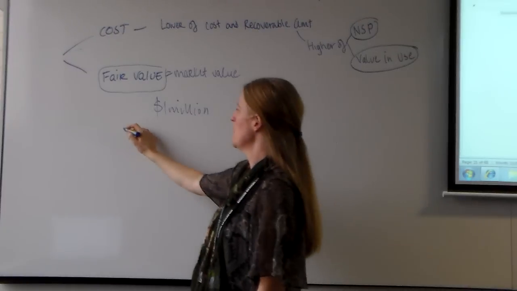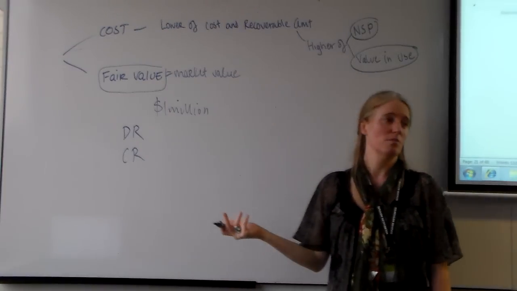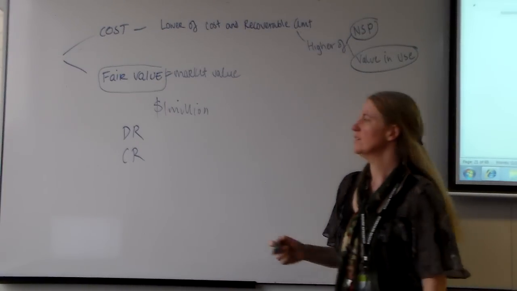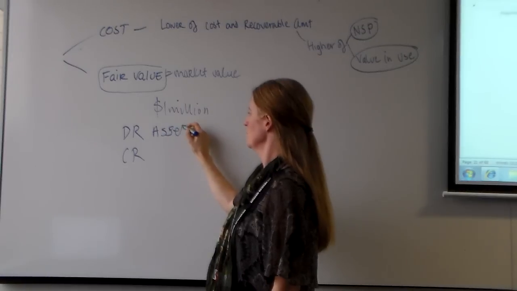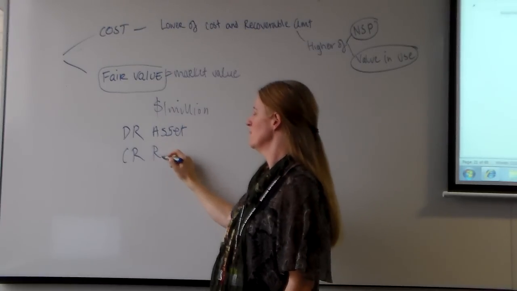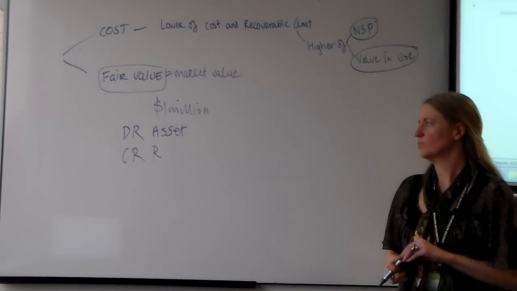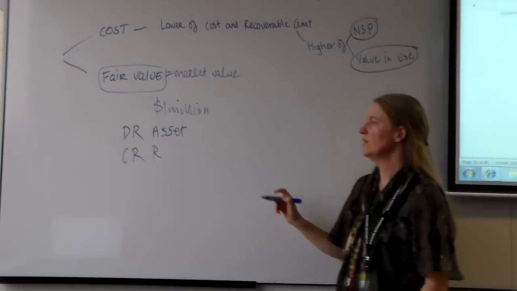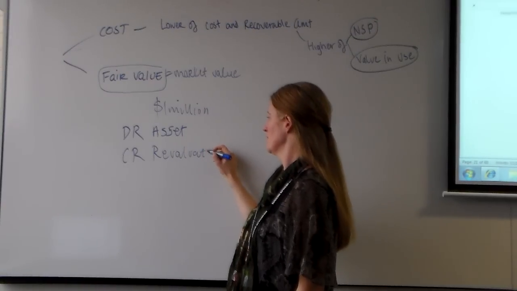What you can do is increase the value in line with the market value. So you will debit the asset, and you will credit revaluation surplus. There's a bit of a long way of doing it, which I'll go through with you as well.